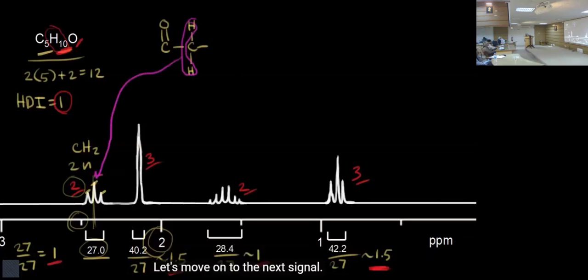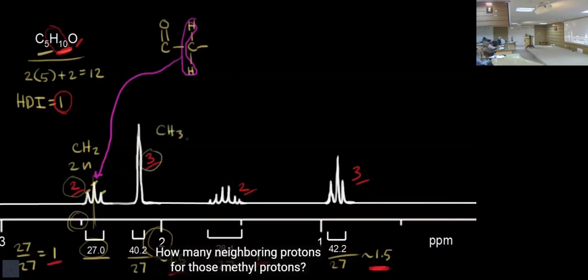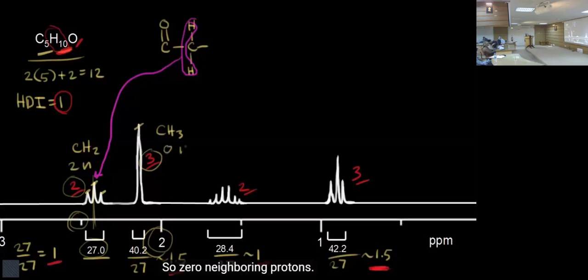Let's move on to the next signal. We have 3 protons, so that would be a methyl group, CH3. How many neighboring protons for those methyl protons? There's only 1 peak here, so 1 minus 1 is 0, so 0 neighboring protons. What about the chemical shift? It is once again past 2 parts per million, so this signal is de-shielded. These protons must be next to our carbonyl.